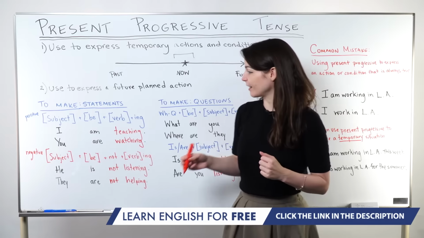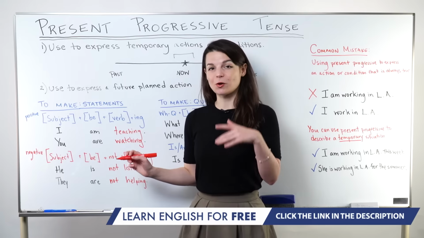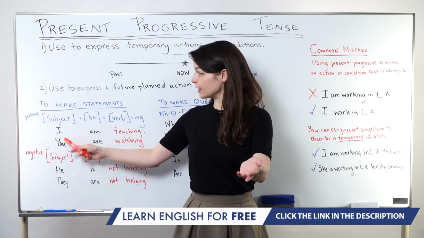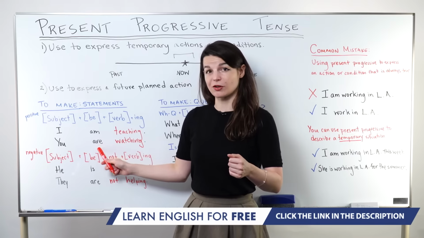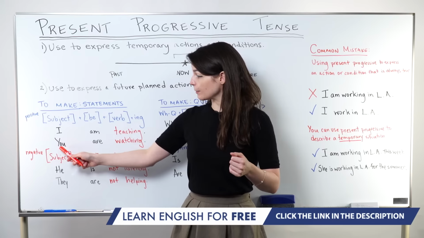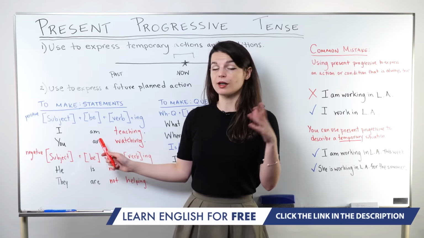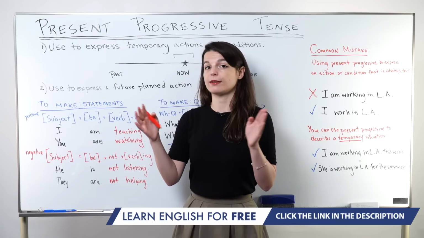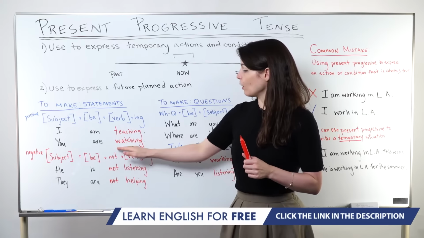Let's look at another example. You are watching. So watching this video. You is my subject. Are is the form of the be verb I need to use. So because my subject is you, the be verb has to be are. You are. We use these as a pair. It's a set phrase. Finally, watching.